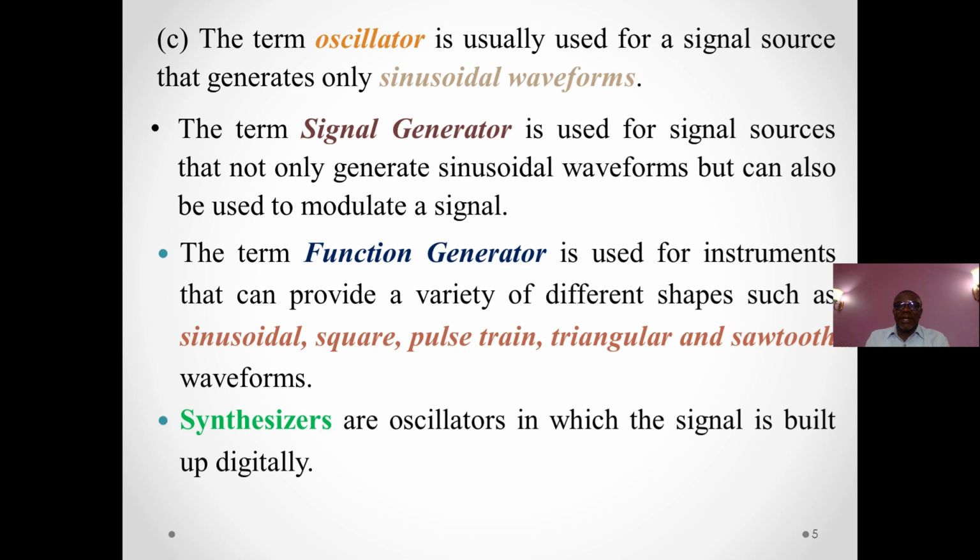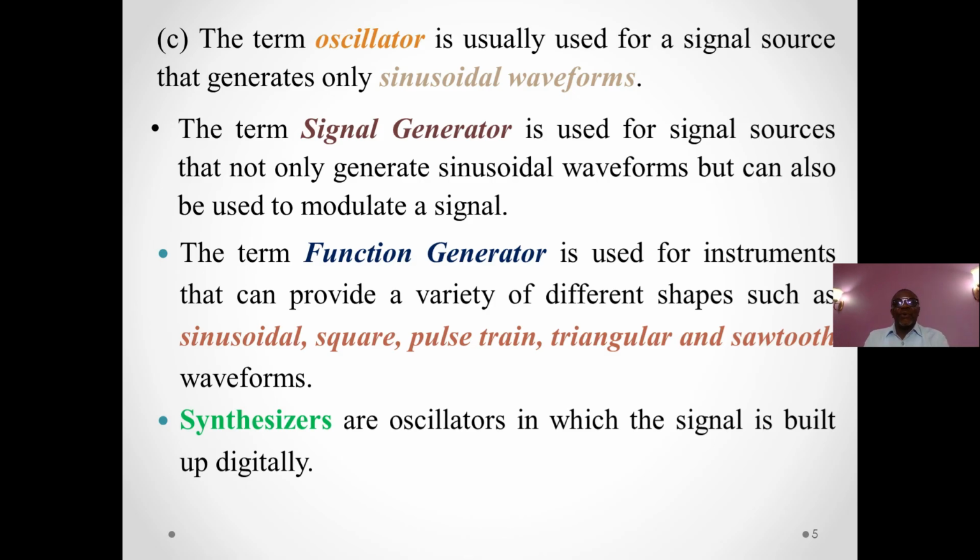Before now, in A, we have defined an oscillator as something that produces sinusoid or non-sinusoidal waveforms. But we are now coming closer to their specific meanings.